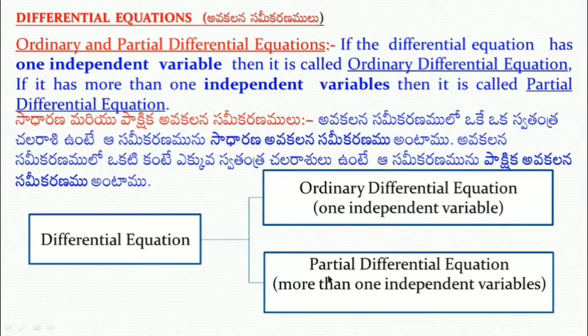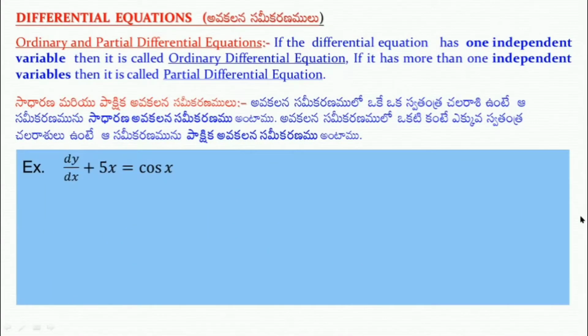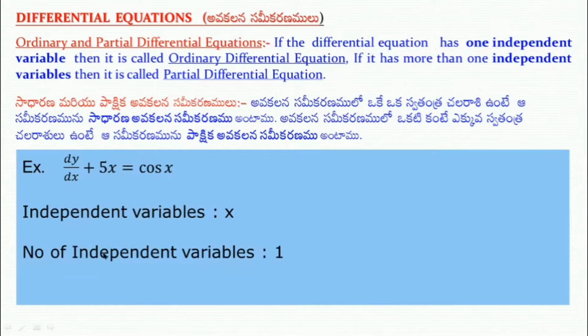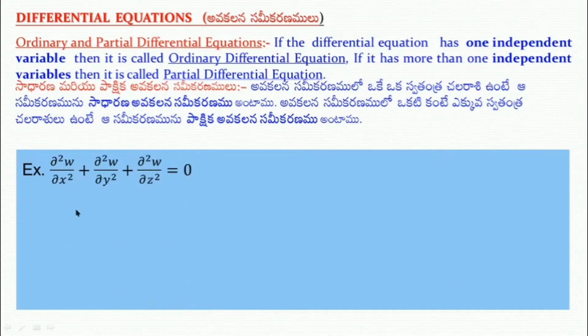సాధారణ అవకలన సమీకరణము ఉదాహరణలు చూద్దాం. Examples. So here we have an equation. In this equation, we have only one independent variable x. So the number of independent variables is 1. That's why it is an ordinary differential equation, because it has only one independent variable. Here is some other equation. In this equation we have three independent variables.